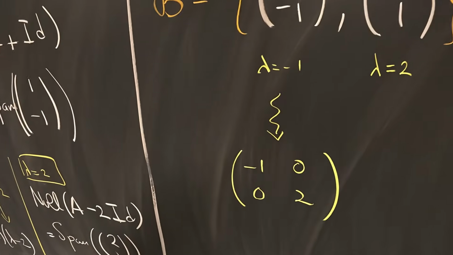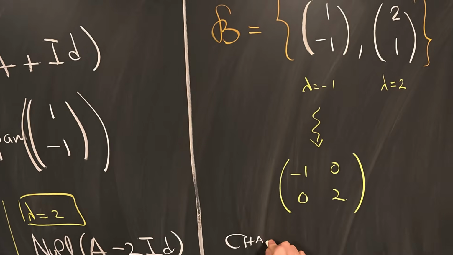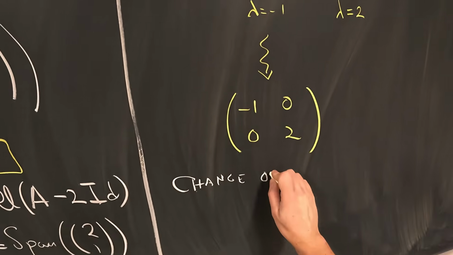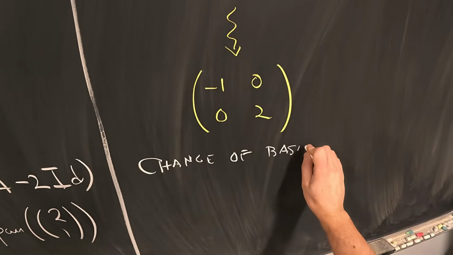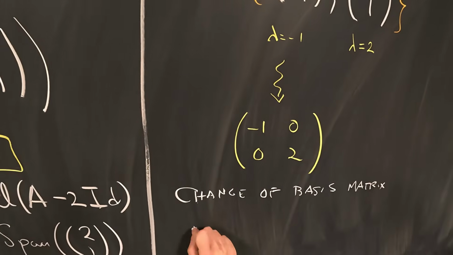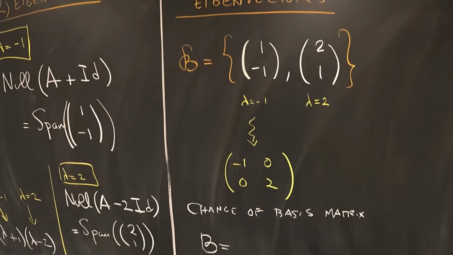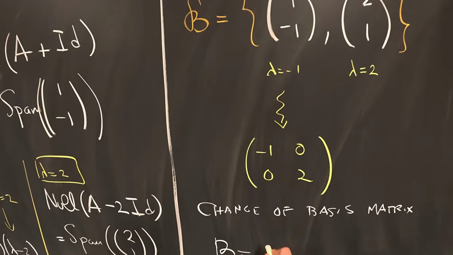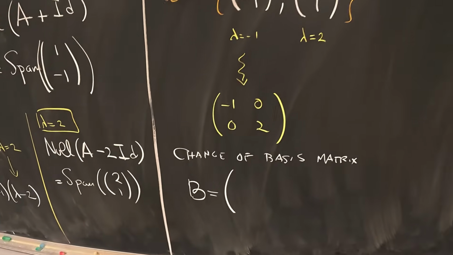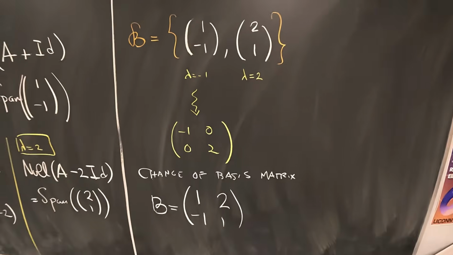So I'm going to write the change of basis matrix. That is a matrix B that has as columns those vectors that are the eigenvectors. So it's the matrix 1, minus 1, 2, 1.